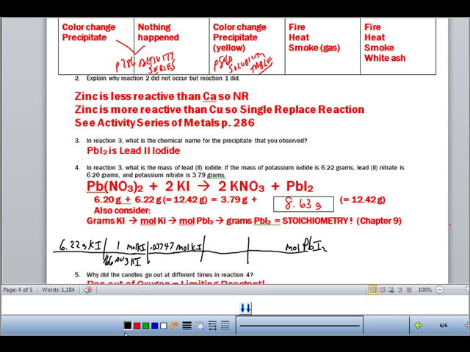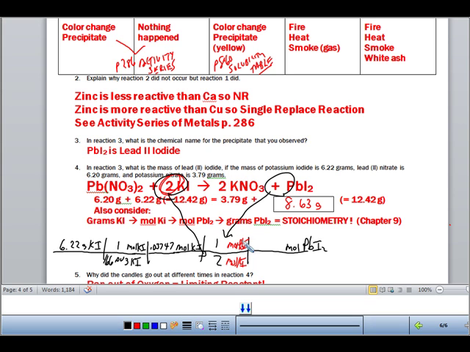Now, here's the critical issue right here. How can we go from moles of one substance to moles of a different substance? We do that with the balanced chemical equation. This is moles of lead 2 iodide per moles of potassium iodide. Where do we get these figures? From the balanced chemical equation. So, we have 2 moles of potassium iodide to the understood 1 mole of lead 2 iodide.